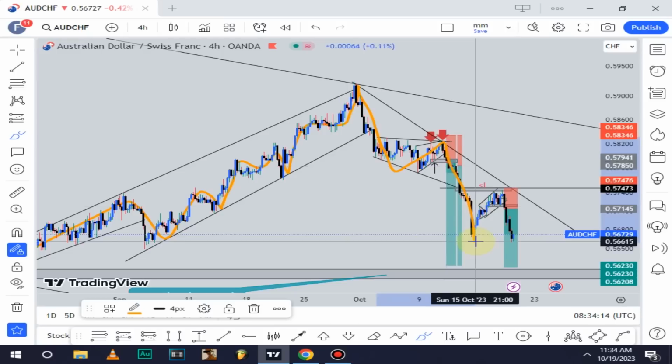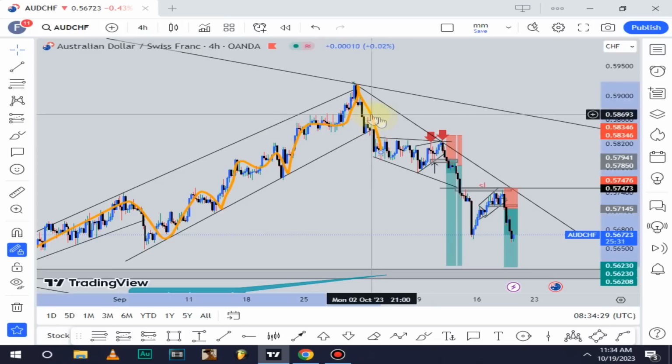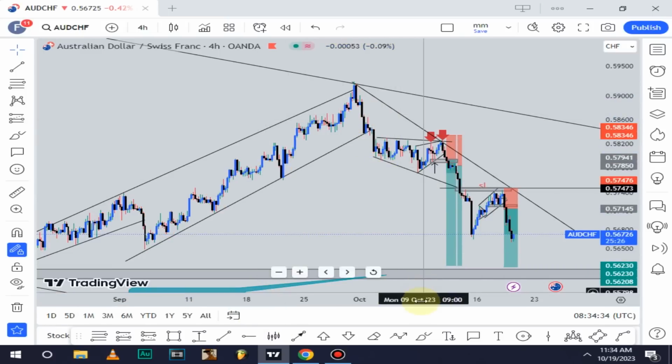You can see that when it is time for an impulse move, the market really moves. This is a correction, and guess what, now this is an impulse. You can compare, guys: anytime there's an impulse movement, the market is really moving without even resting.